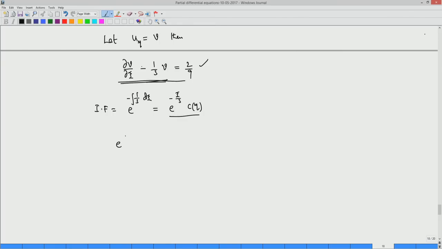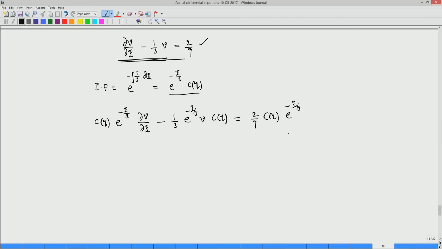So you multiply e power minus xi by 3 into C of eta into dou v by dou xi minus 1 by 3 e power minus xi by 3 v into C of eta equal to 2 by 9 C of eta e power minus xi by 3. That is what I multiplied on both sides.